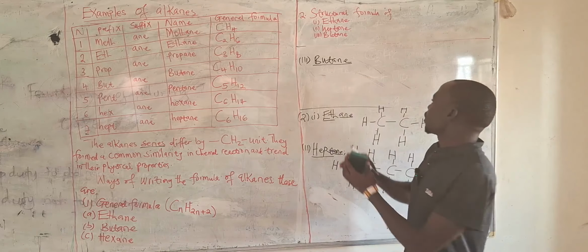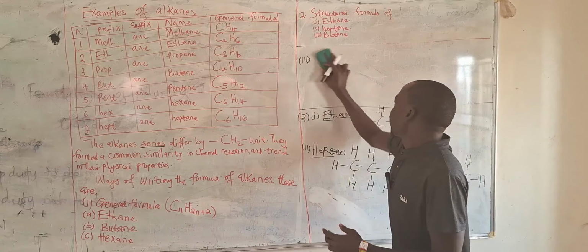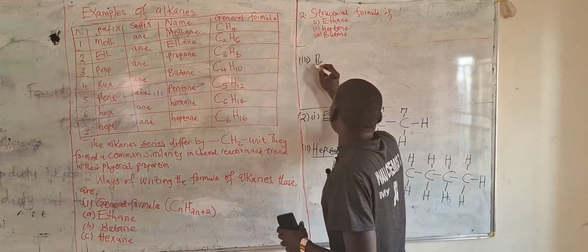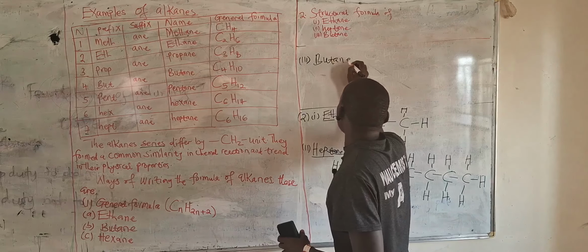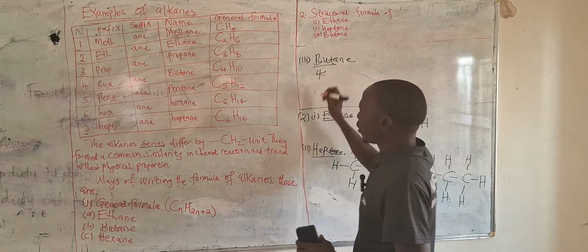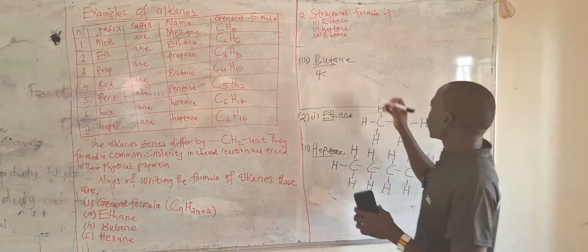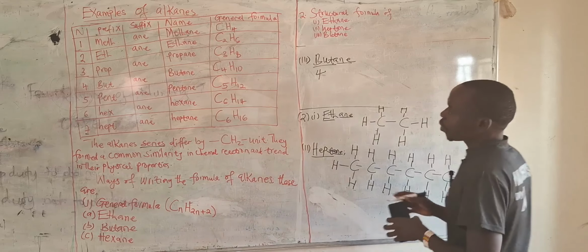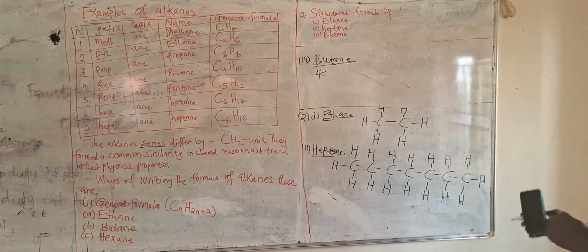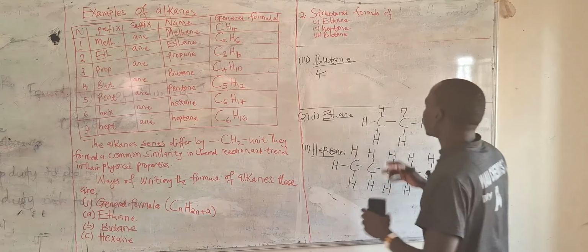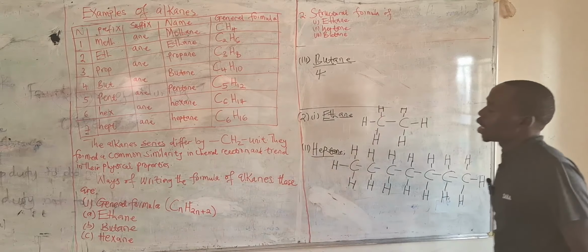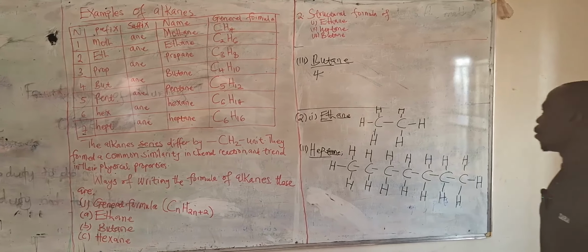So the first knowledge that I get is that if I have butane, then that means here I have 4 carbon atoms inside this molecule. Then from this knowledge, I will just know there is a single bond in carbon atoms, and I will just say I'm dealing with saturated hydrocarbons.